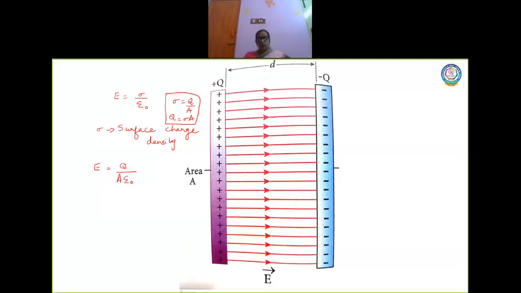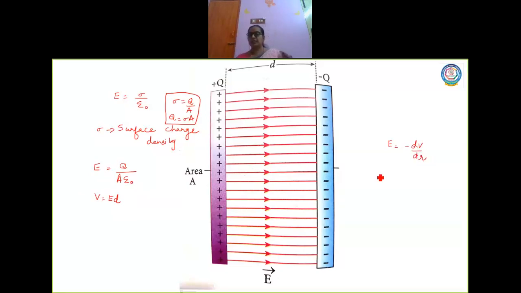Okay. Now what is the electric potential? Now the electric field is uniform inside the plates. So what is the electric potential between the plates? The electric potential is given as V equals E into D. Now this formula we have also discussed: the relation between electric potential and electric field, which is given as E equals minus dV by dr, the negative potential gradient.